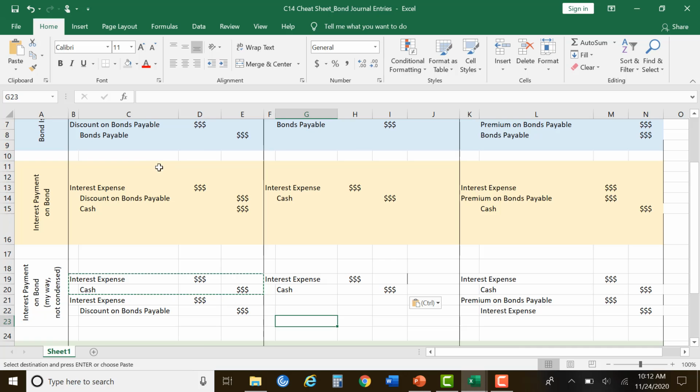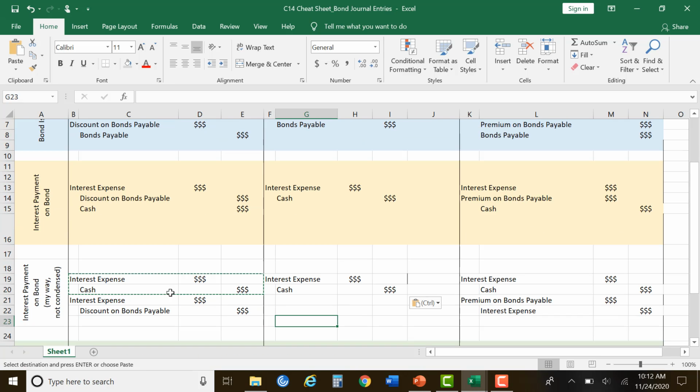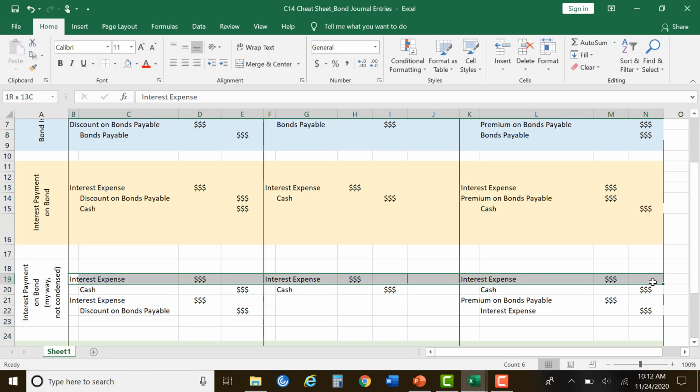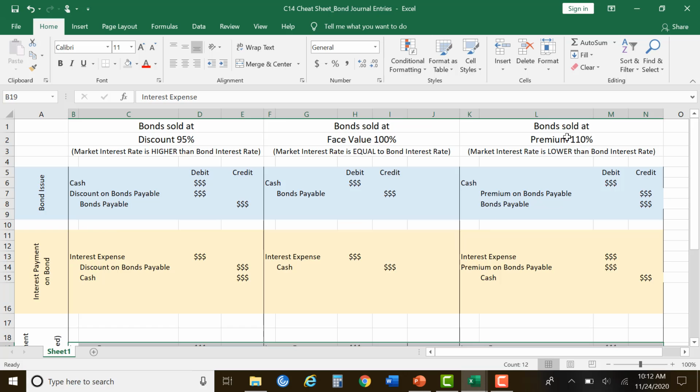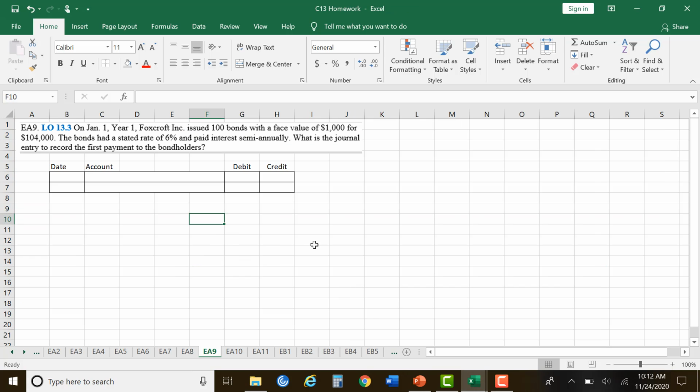It doesn't matter, honestly, because they're all going to be the same. The interest expense and cash payment is the same, whether it's sold at par, at a premium, or at a discount. It's always going to be interest expense and cash. We did sell this one for a premium, so it's good to know that, but it doesn't affect this calculation at all.